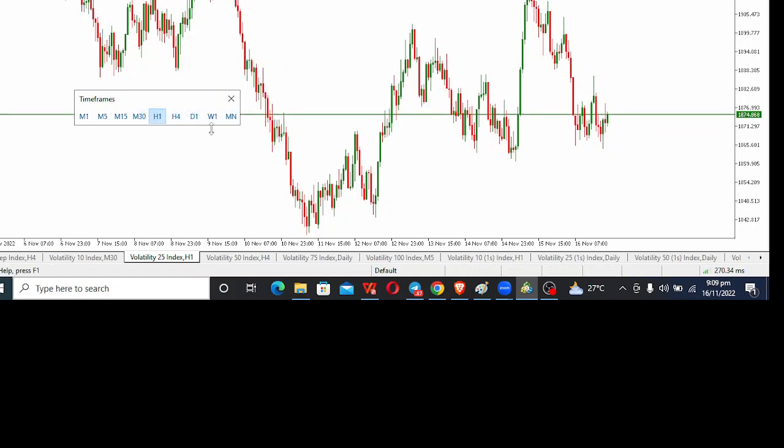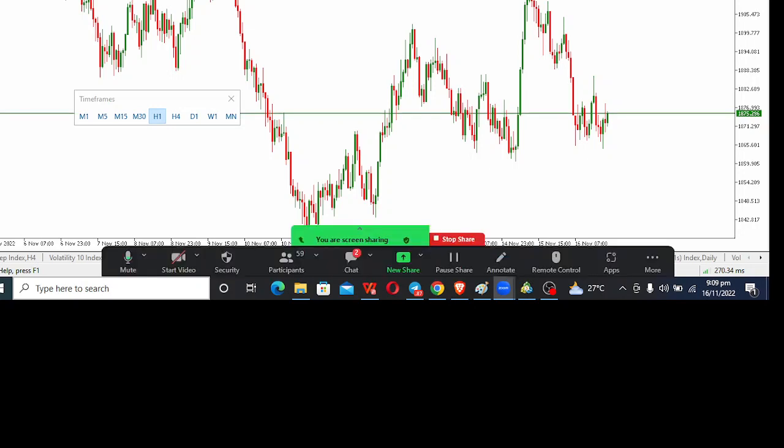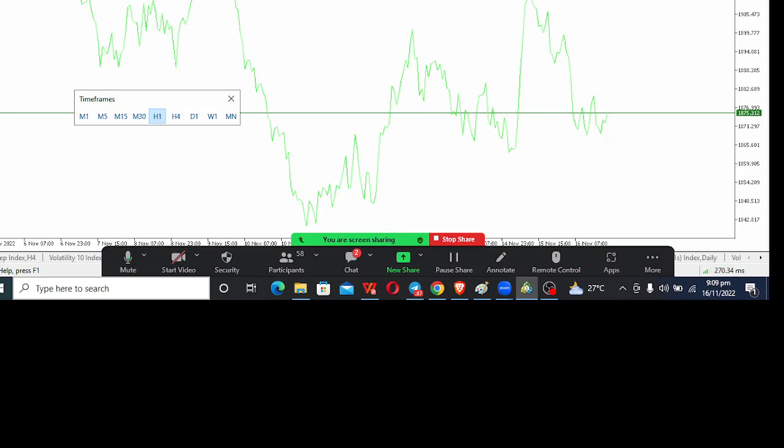Okay, so let's mark out a few supports and resistance. And just as I said earlier, you can choose to switch from candlesticks to line charts.